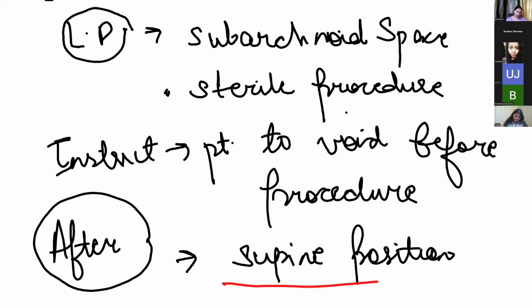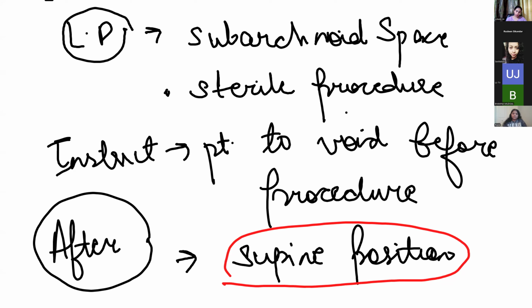At the time of lumbar puncture, you will give the position lateral decubitus. But after lumbar puncture, which position will you give? Supine. Okay. Keep this in mind.